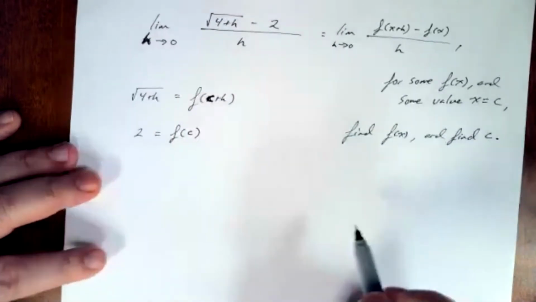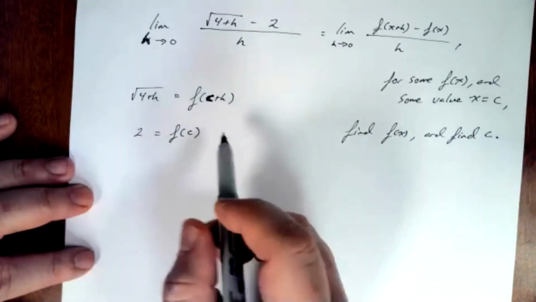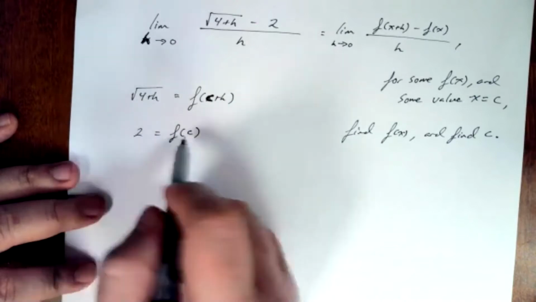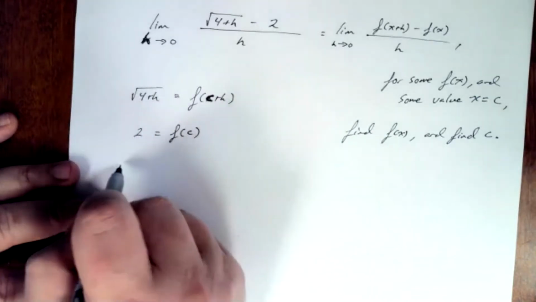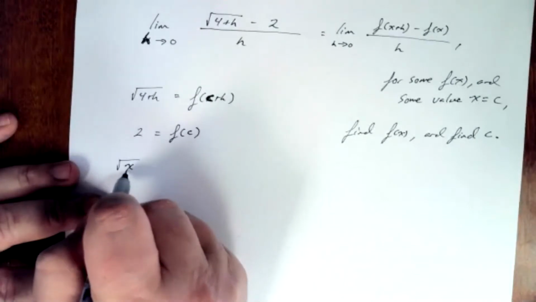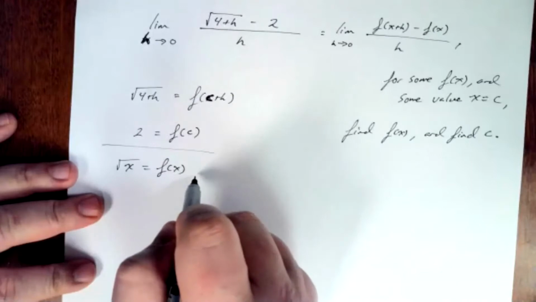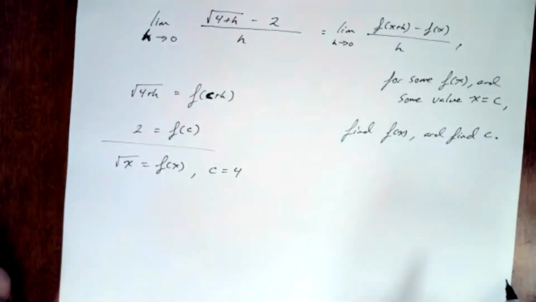F of c, all right? This tells me right away that the square root of x is your f of x, and c is equal to 4.